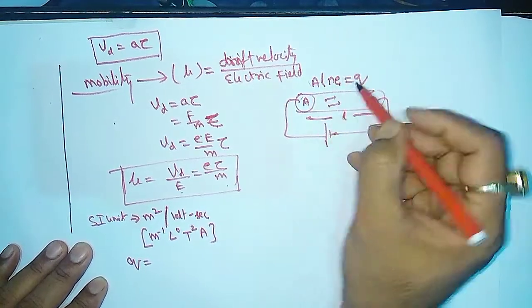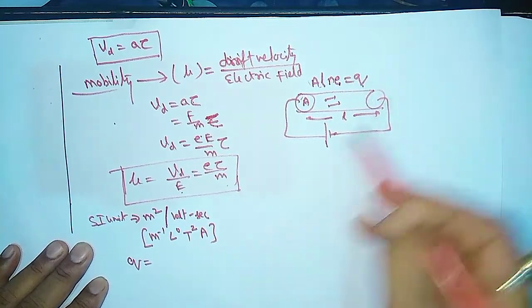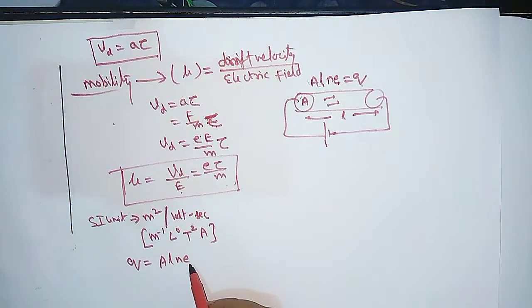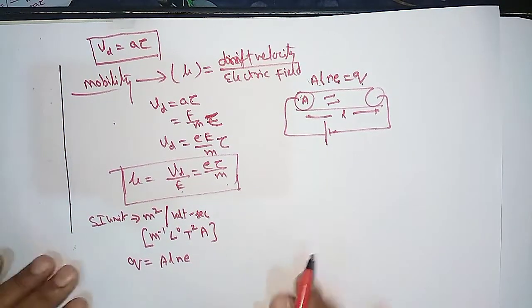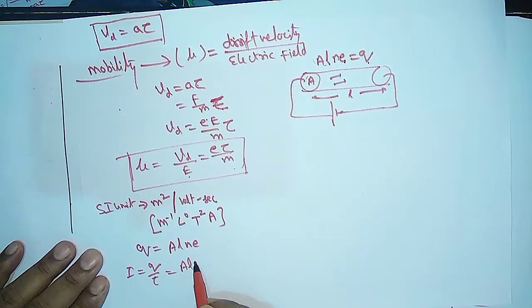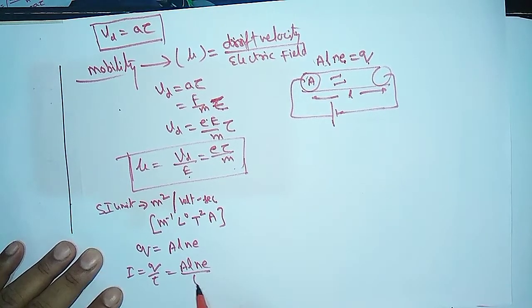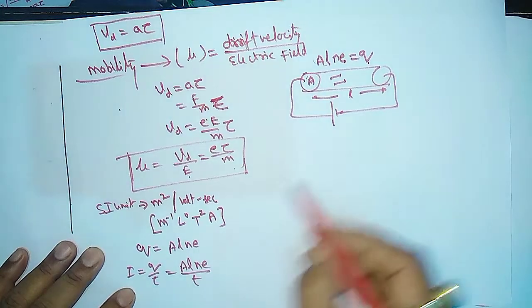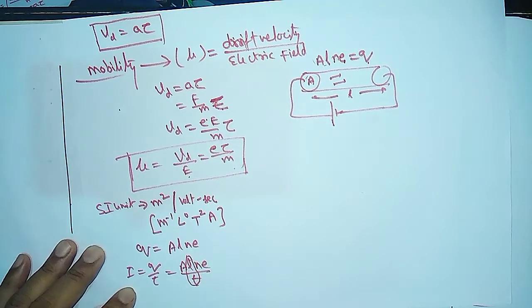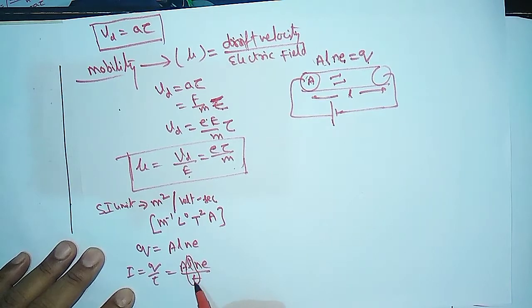Volume into number of electrons and the charge of one electron is the total charge. So here you can write Q is equal to A L n e. This is the total charge. And current is equal to Q by T. Q means A L n e, divided by T. Here L upon T is the length of the conductor upon time, so it is termed as the velocity.